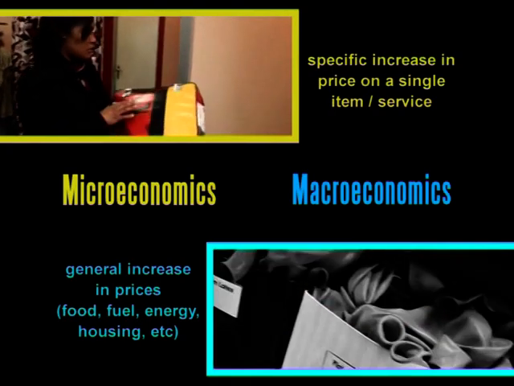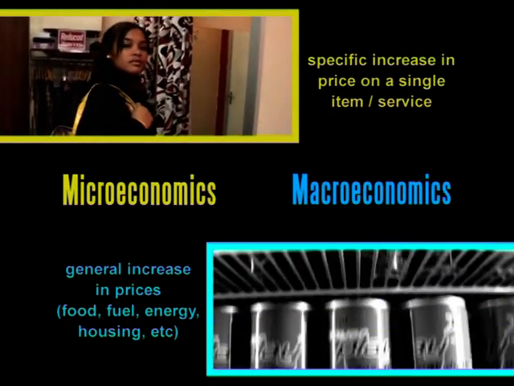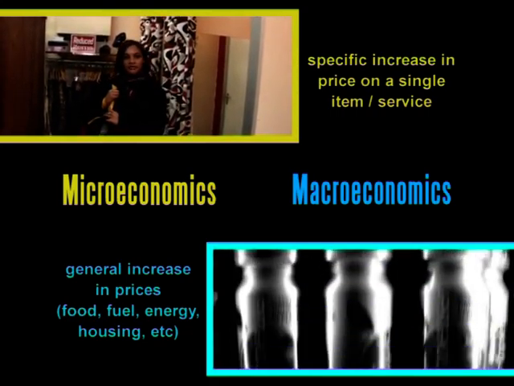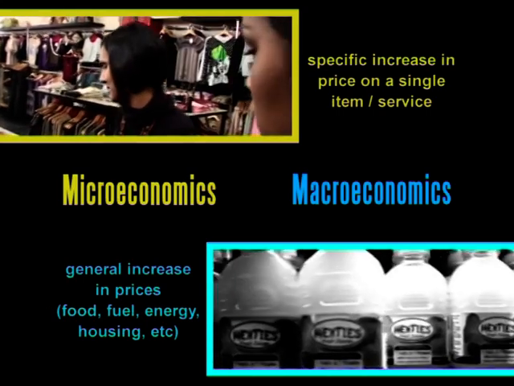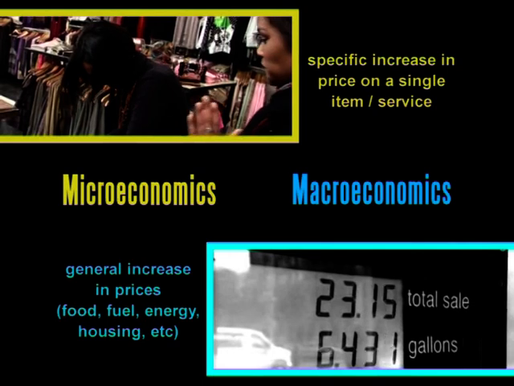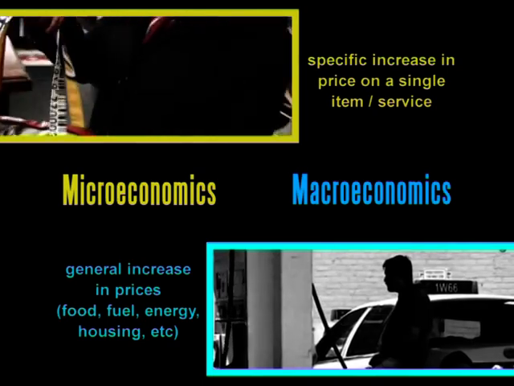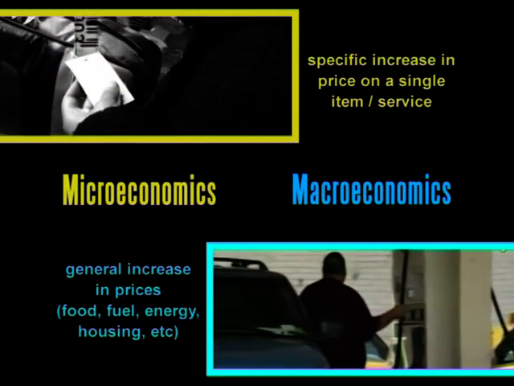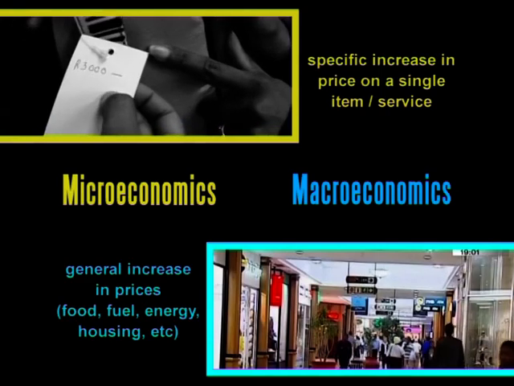For all we know, this is just due to market forces, maybe increased demand for the product or because there's a shortage in supply. This is part of microeconomics, which we covered in the first half of the series, understanding demand, supply and prices for a single product, whether it's fried chicken or a bag. Inflation, however, is a macroeconomic concept looking at the market for all goods and services, the whole economy, the whole country.